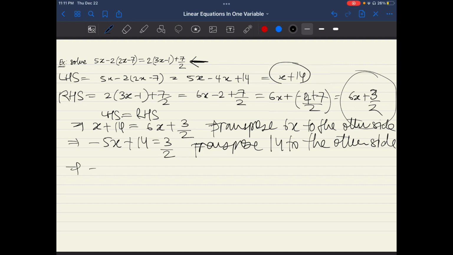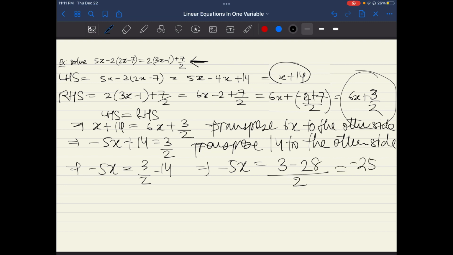We get minus 5x equals 3 over 2 minus 14, which is minus 5x equals (3 minus 28)/2, or minus 25 over 2, which implies minus 5x equals minus 25 over 2, which actually turns out to be x equals 5 over 2.